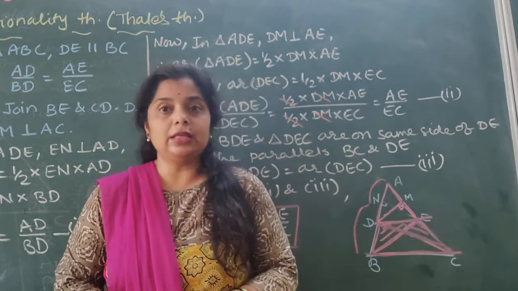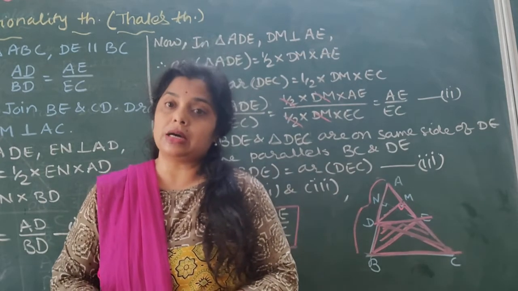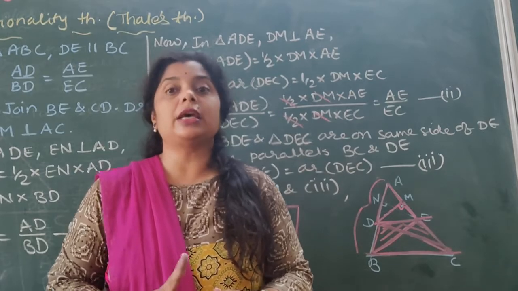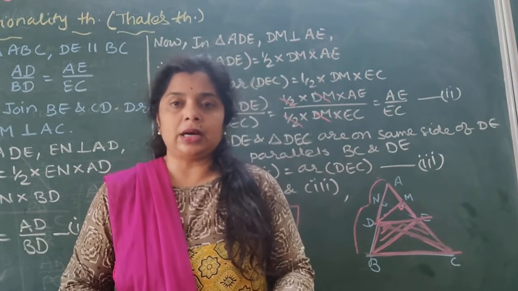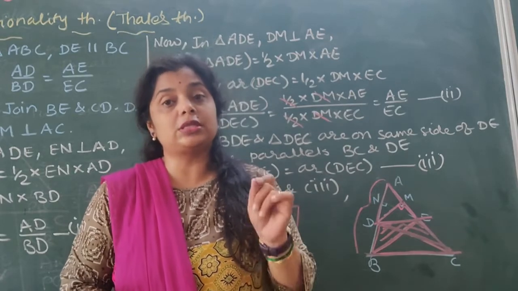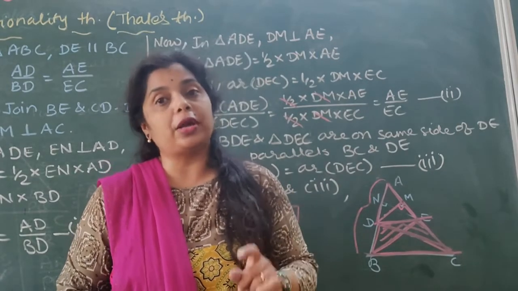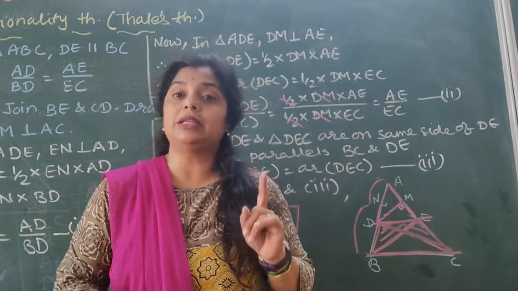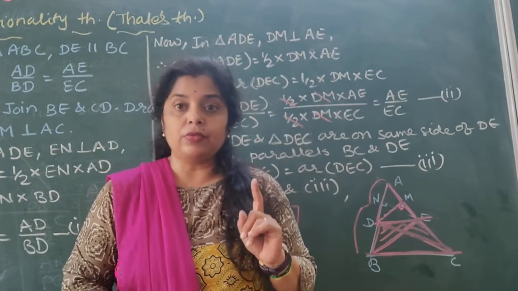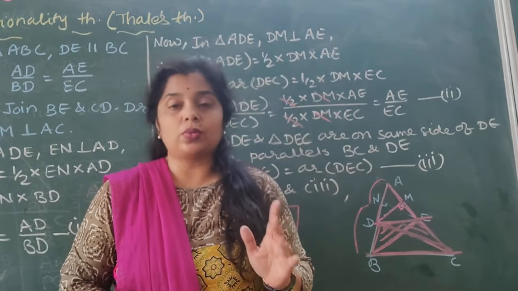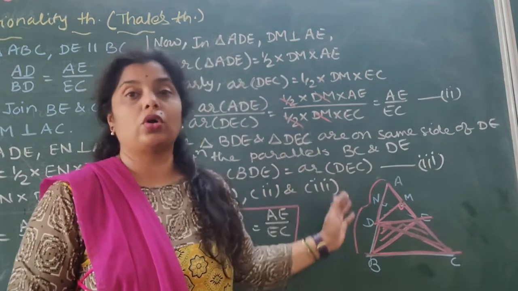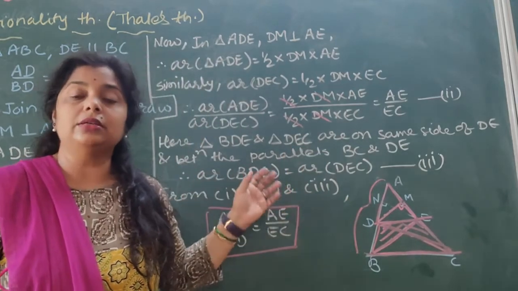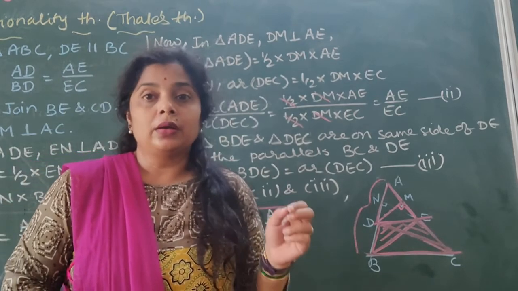And the second thing I want to tell you: if it is asked in the exam, state and prove the theorem, it means any theorem, and if they start with state and prove, you have to write down the statement because it carries 1 mark. If you do not write it, you lose 1 mark. Is it clear? So like that we can write the steps of the theorem.